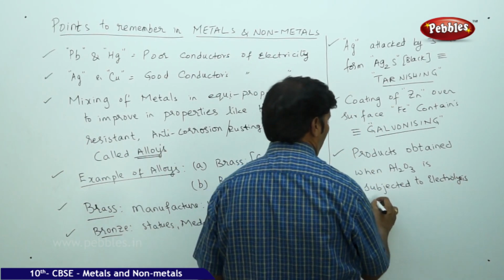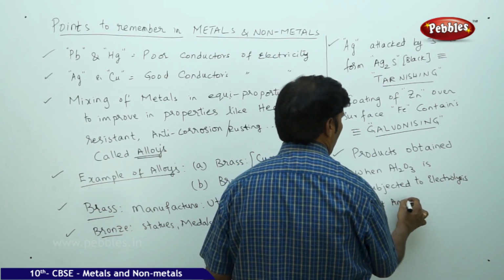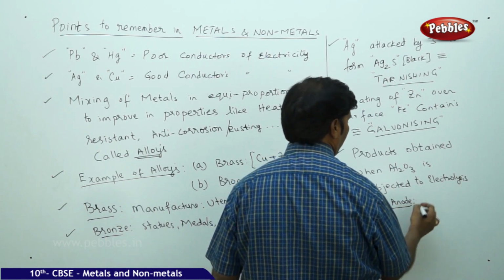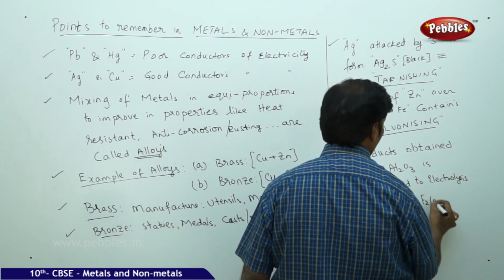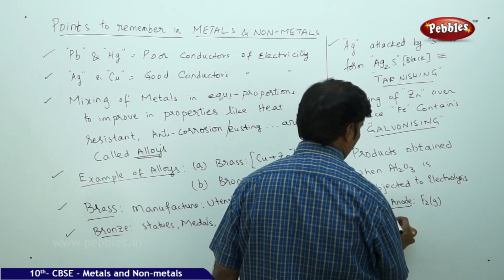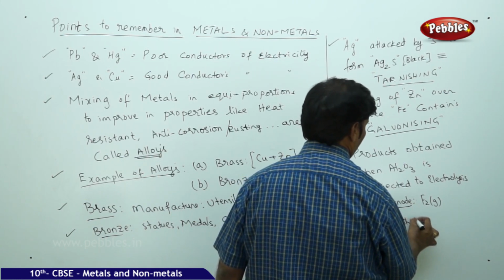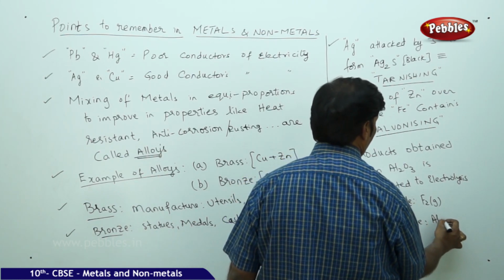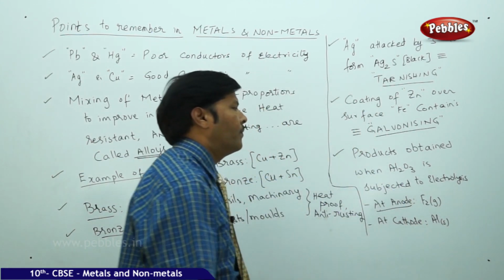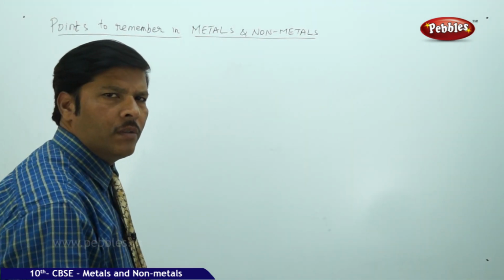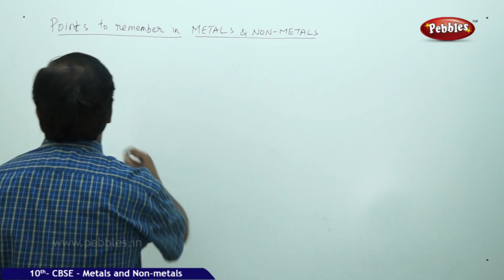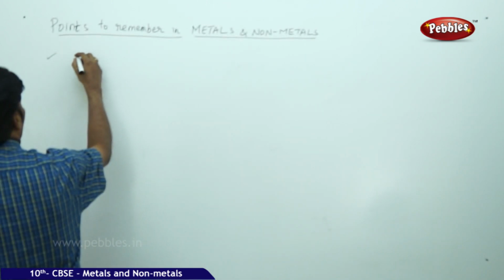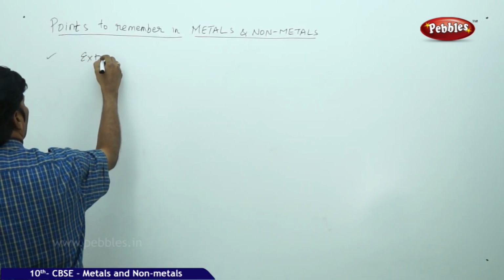At the anode we get fluorine gas, and at the cathode we get aluminum solid.